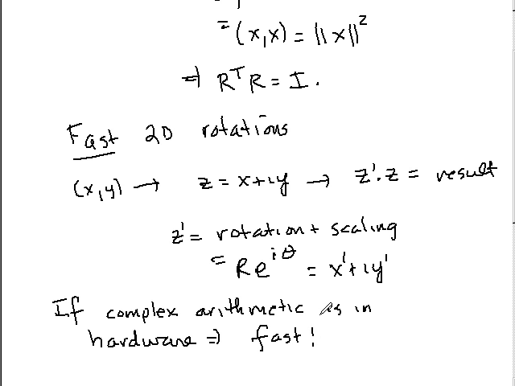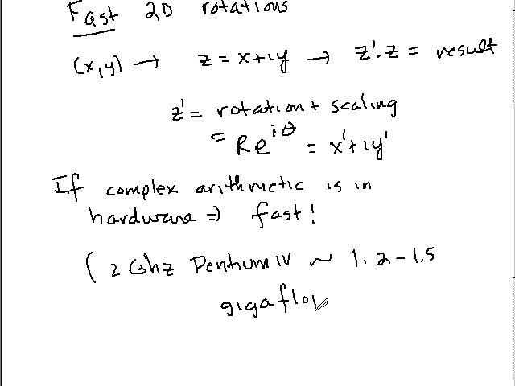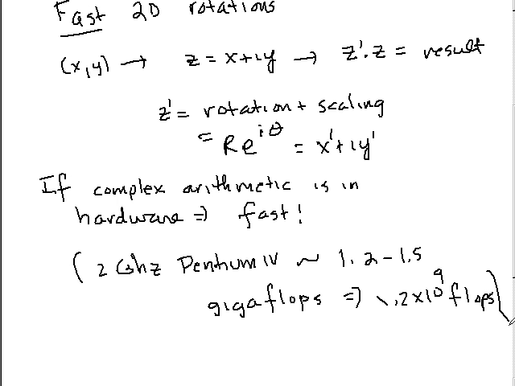Typically, a 2 gigahertz Pentium 4 is approximately 1.2 to 1.5 gigaflops. That means 1 gigaflop is 1.2 times 10 to the 9th floating point operations. And that is a lot of matrix multiplications or 3D rotations.